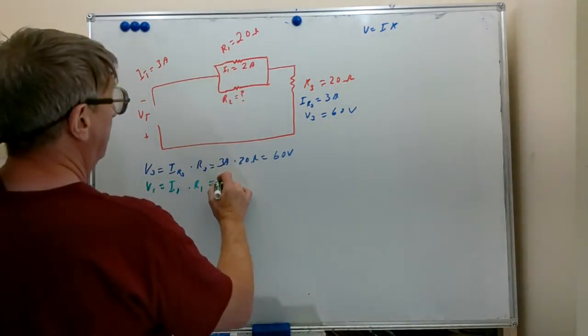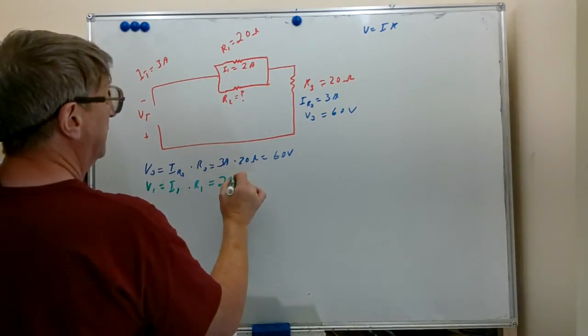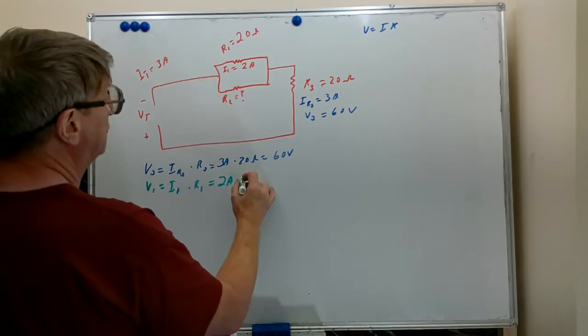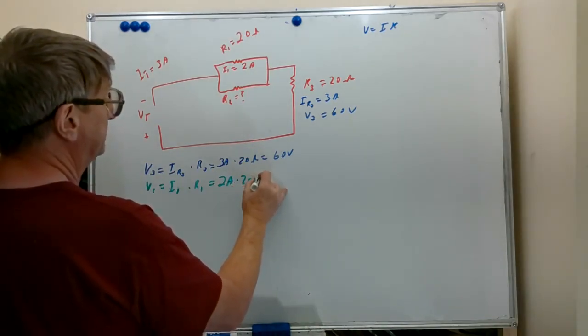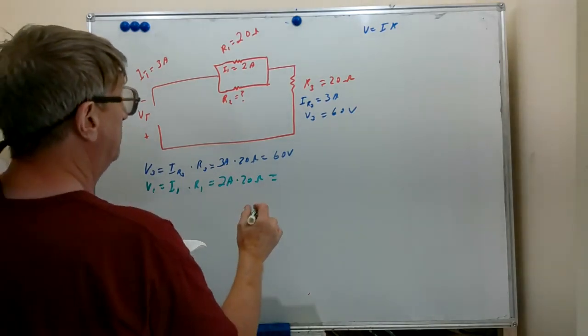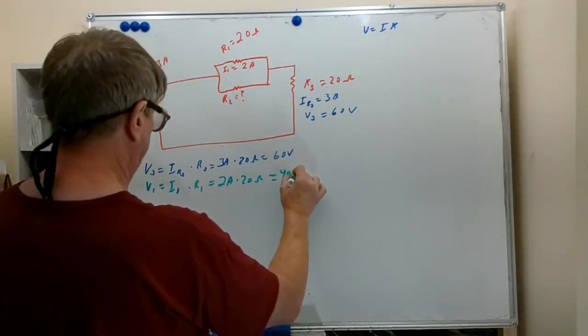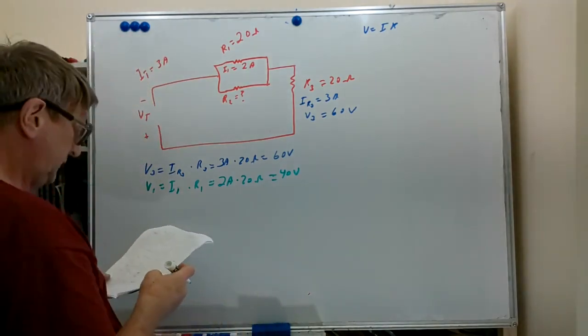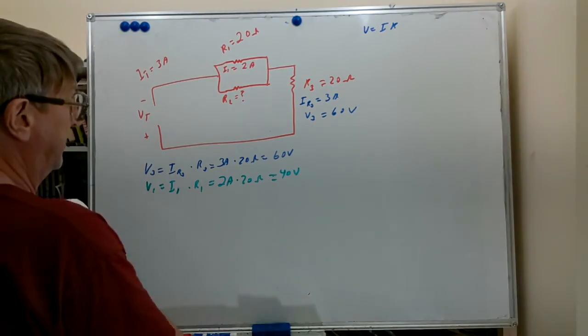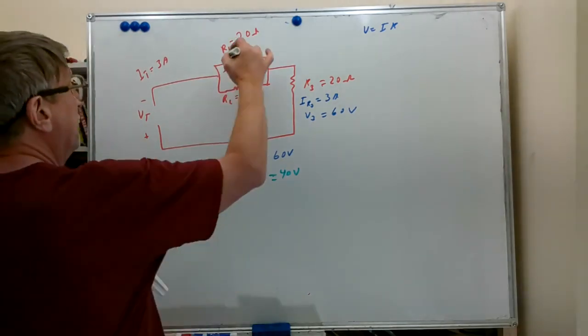That was 2 amps. And we were given the value of R1, which was 20 ohms. Well, 2 amps times 20 ohms is 40 volts. Now let's write that up here. Let's go V1.